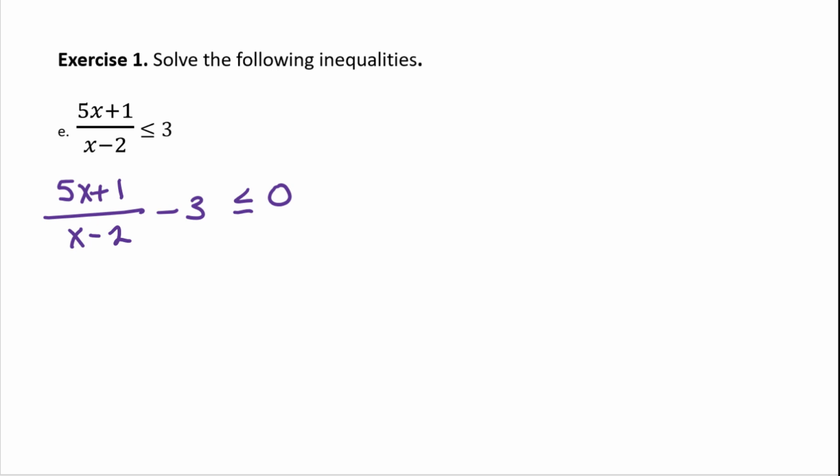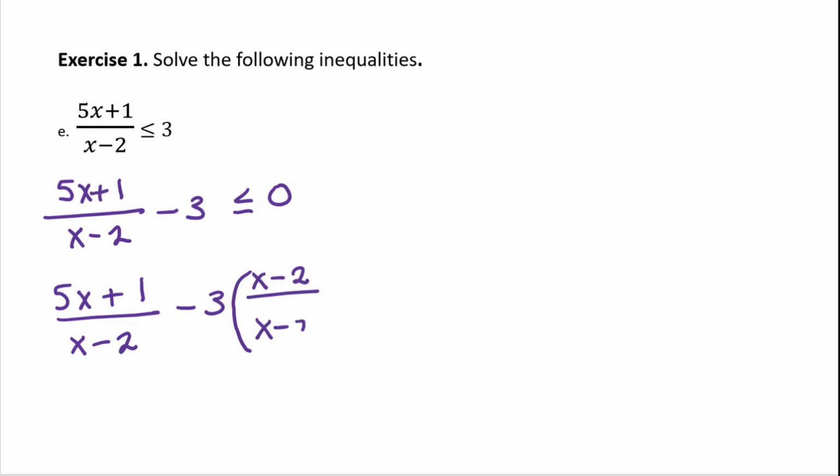Let's write the first term again, 5x plus 1 divided by x minus 2, minus 3 times x minus 2 divided by x minus 2. That's still equal to or less than 0.